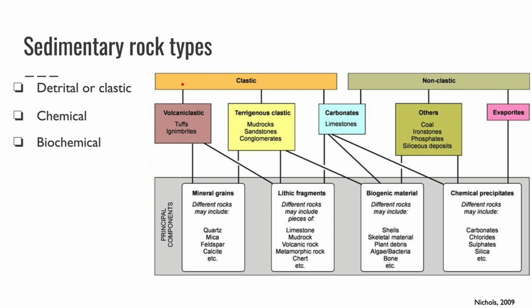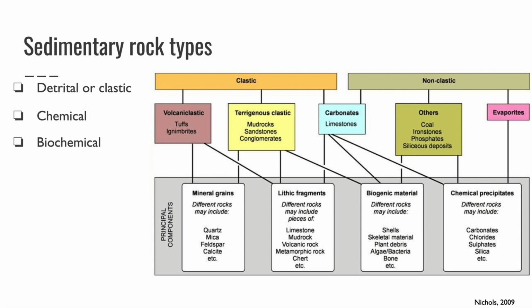Clastic or detrital rocks fall into a couple of different categories. You can have volcaniclastic, which are reworked volcanic minerals like tuffs, which are ash. Terrigenous clastic are your mudrocks, sandstones, siltstones, and conglomerates, the typical siliciclastic grains.